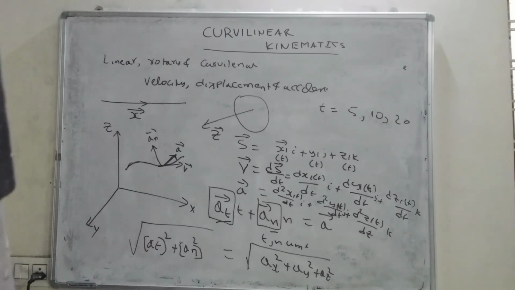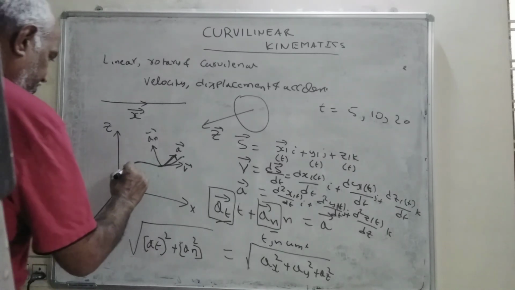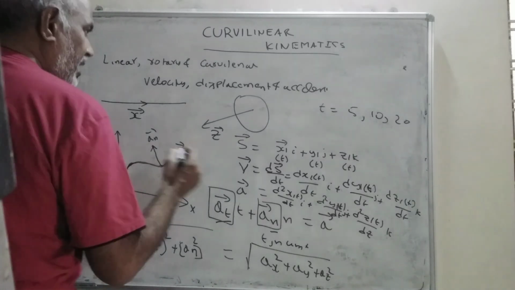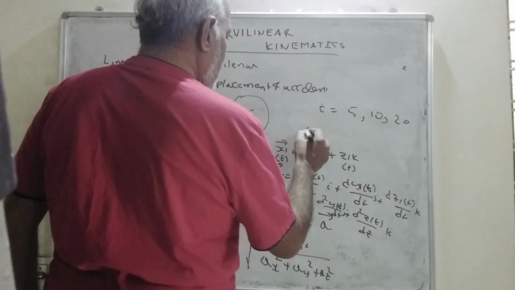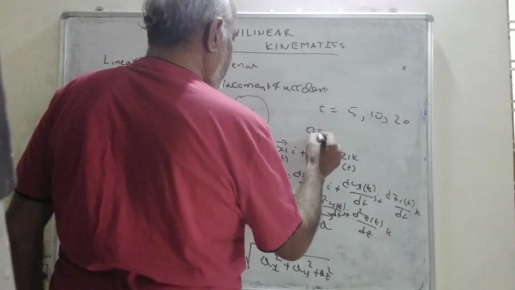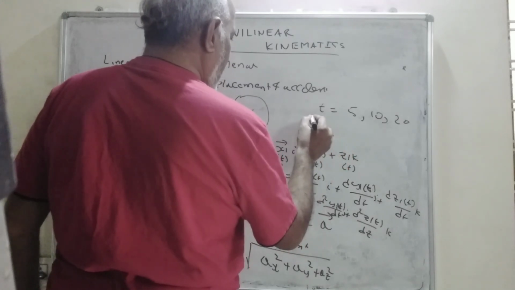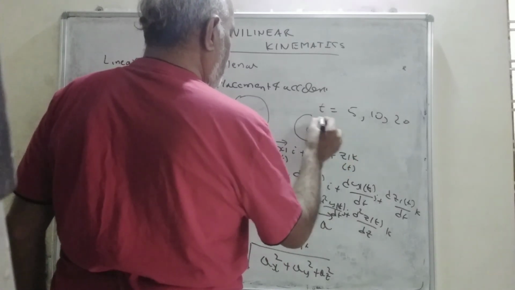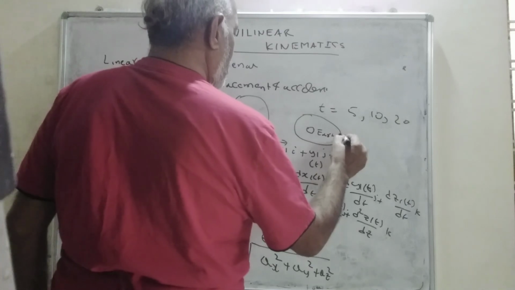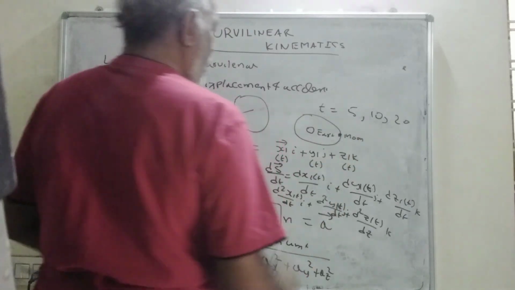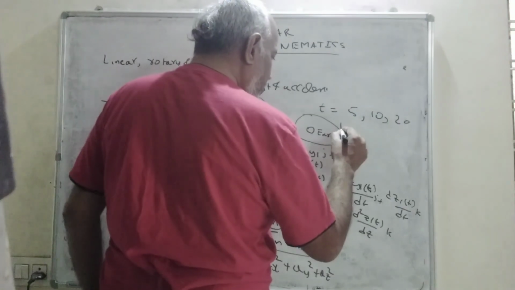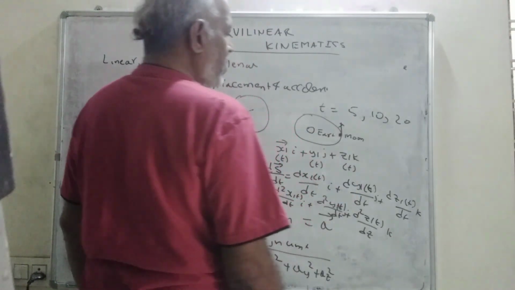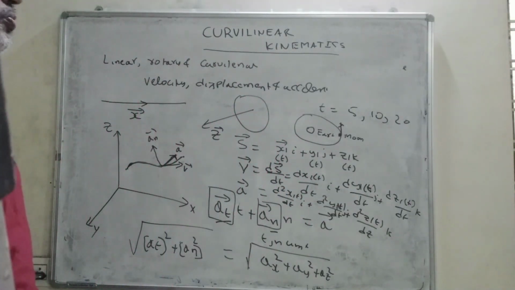And if this path is circular, the same thing is there. Now, for example, this is Earth and this is Moon. Now the Moon is moving with some velocity tangential to the path of the Moon.